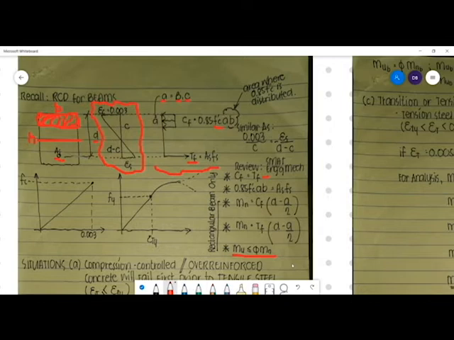Okay? So, ito yung mga derived formula natin from the equivalent rectangular stress block.